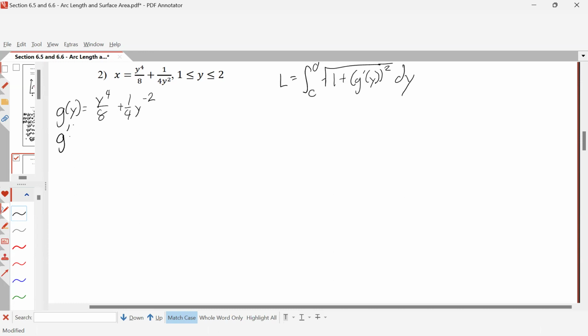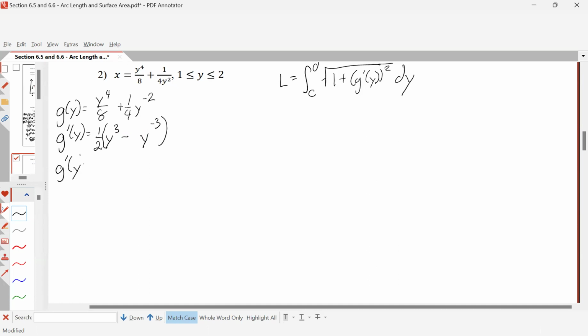So the derivative of this function is 1/2 y cubed minus 1/2 y to the -3, or 1/2 times y cubed minus y to the -3.